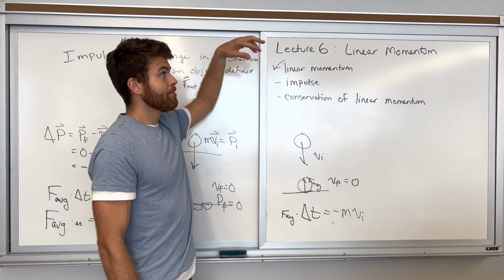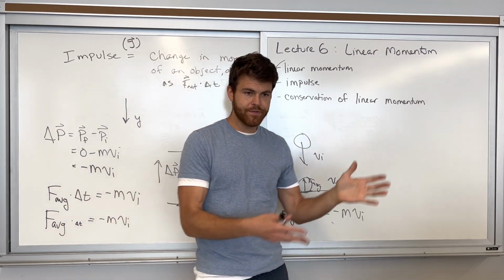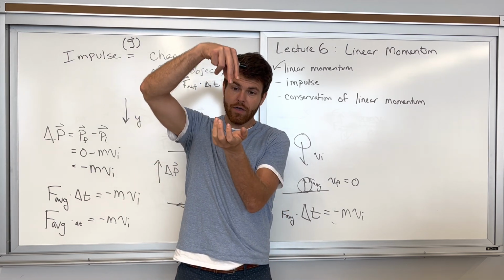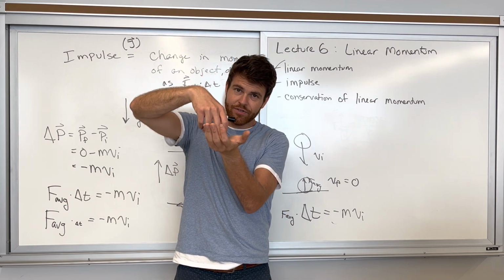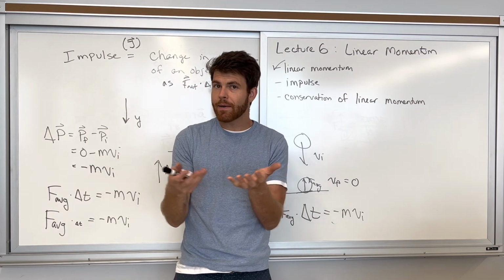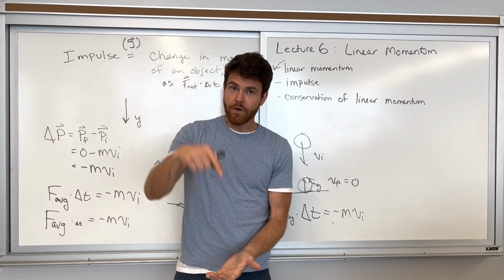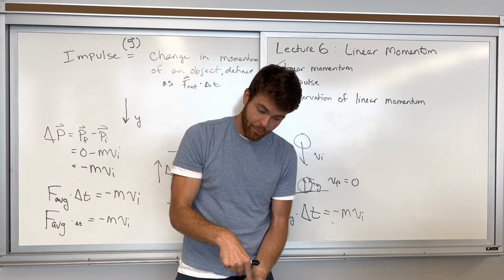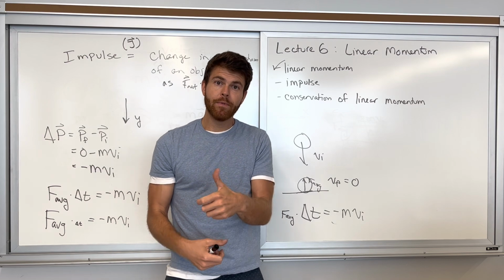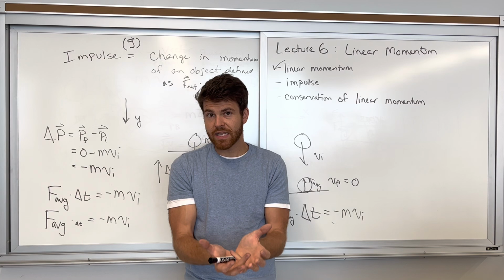It's like a tightrope walker or a trapeze artist's swing, they put a big net underneath them. Why? Because if they fall, the net can exert a force on them through a couple seconds, right? And bring them to a rest. So in order to change their momentum from a non-zero momentum as they move downward to a zero momentum as they come to rest, the force upward on them is smaller because it's applied through a larger period of time because the net gives.